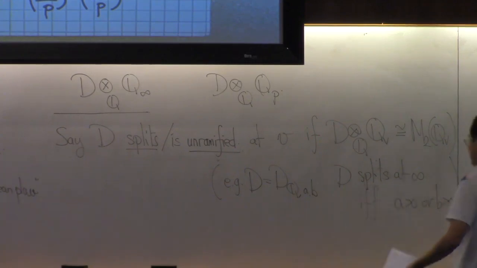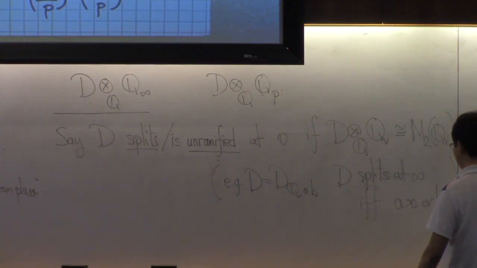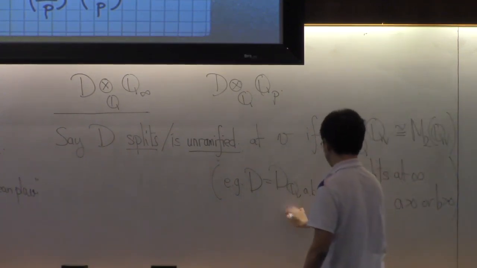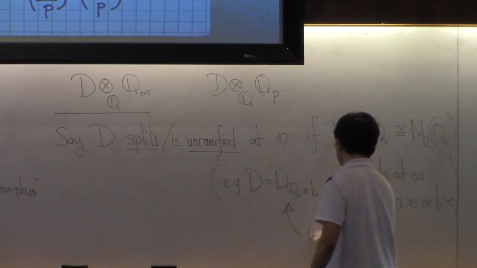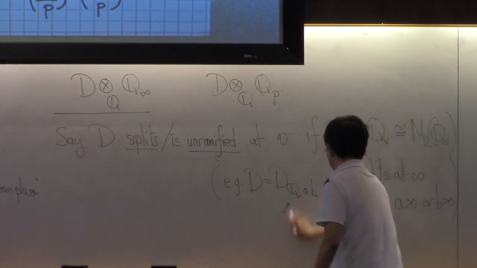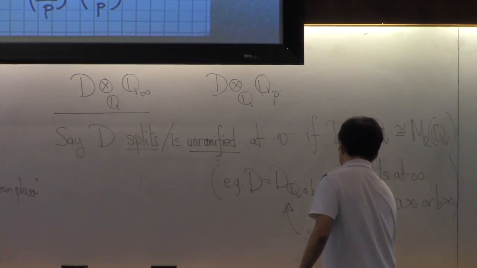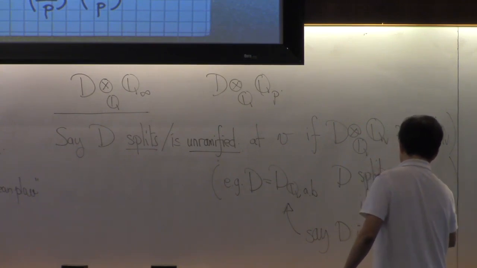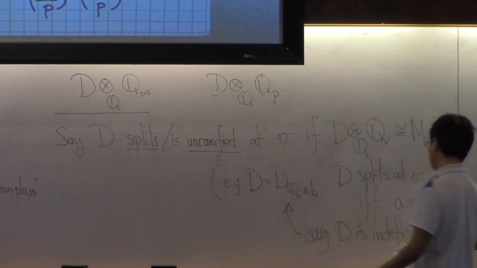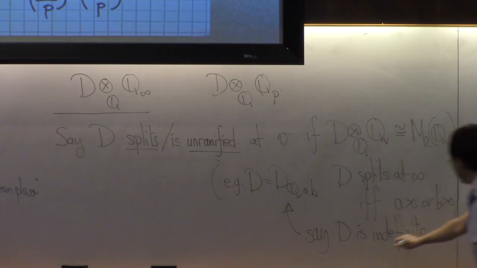And one more notation you're probably going to see in the future if you do more math is called the indefinite case. In this case, we say D is indefinite. So when we say indefinite, I really mean that it's just about whether it splits or not at infinity.